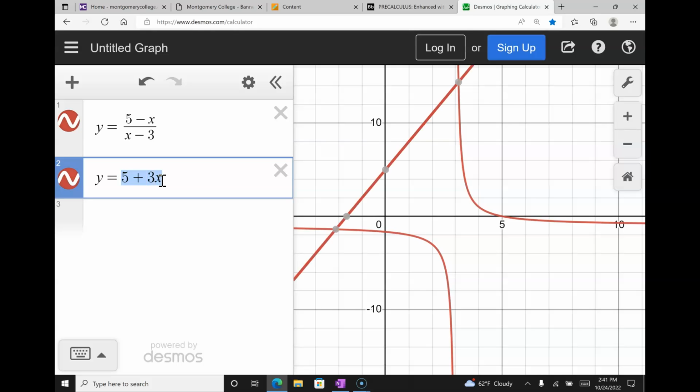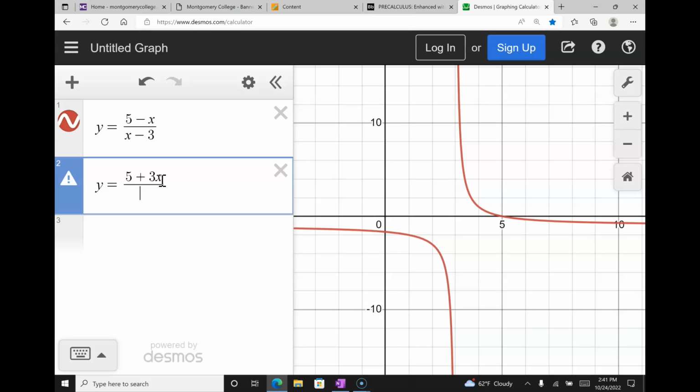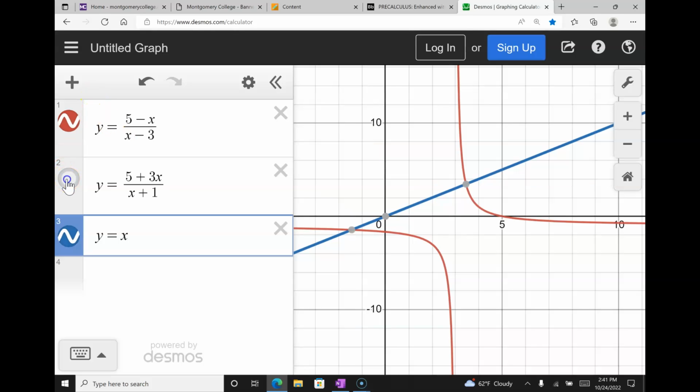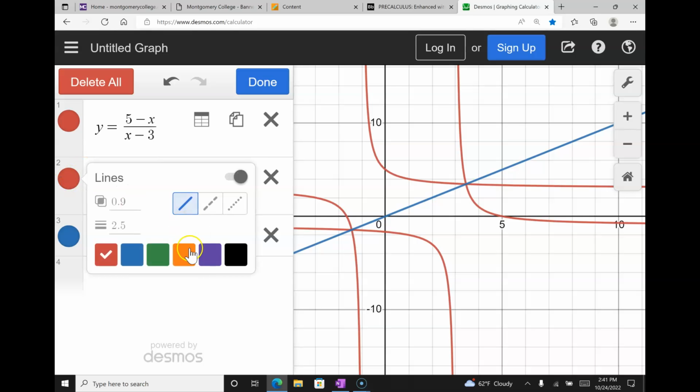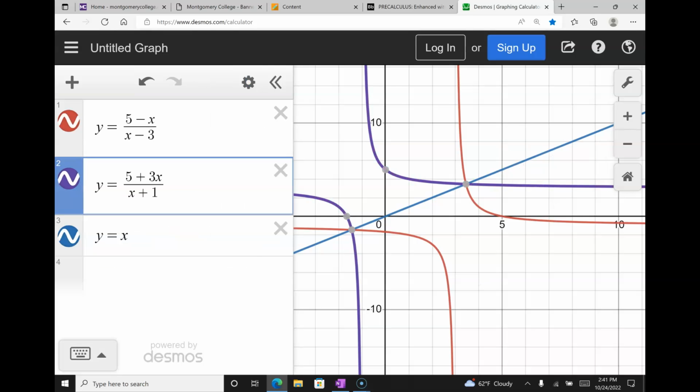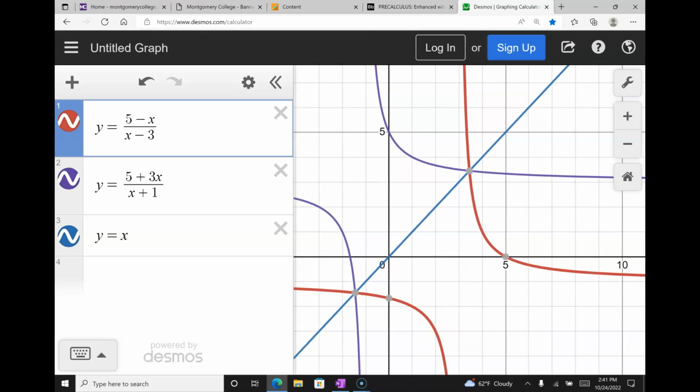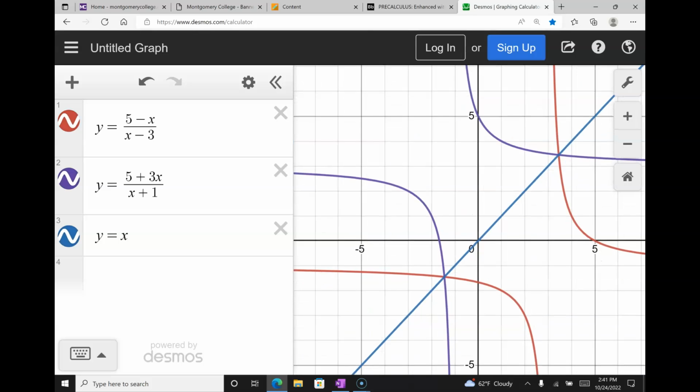Yes. More. What are you seeing? When I have inverses, what are they to each other graphically?